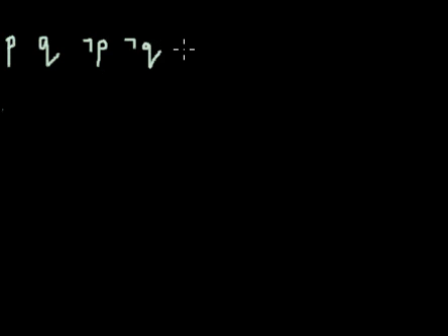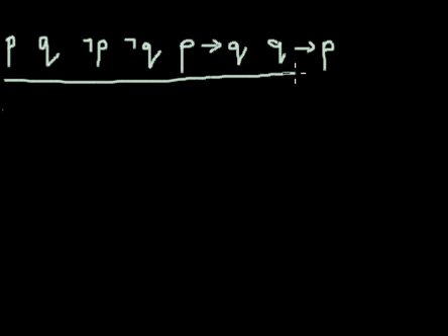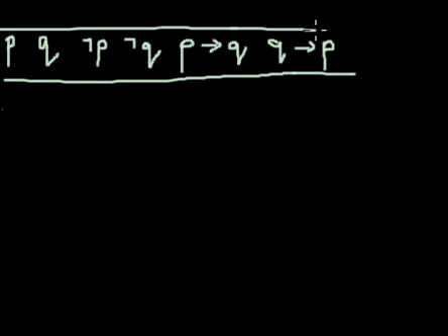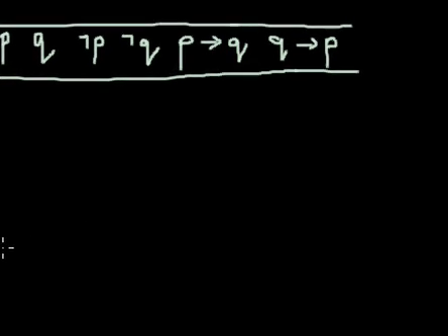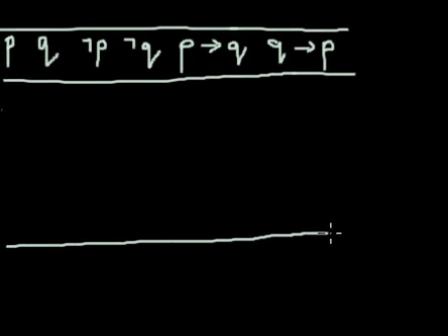I hope I didn't confuse you, but let me show you what I mean. P implies Q is one of the statements. Q implies P is another statement, and this is my table header, and this is my table.